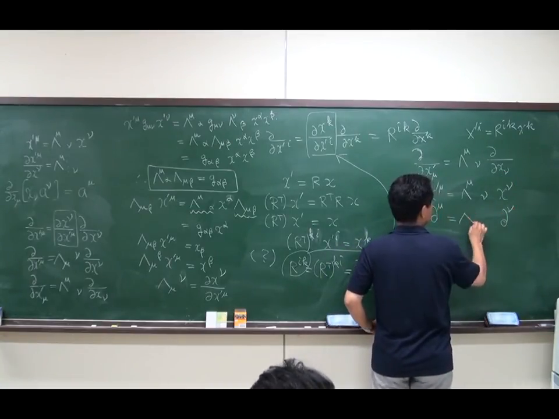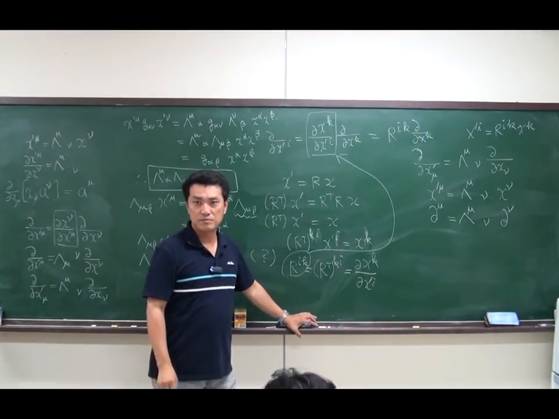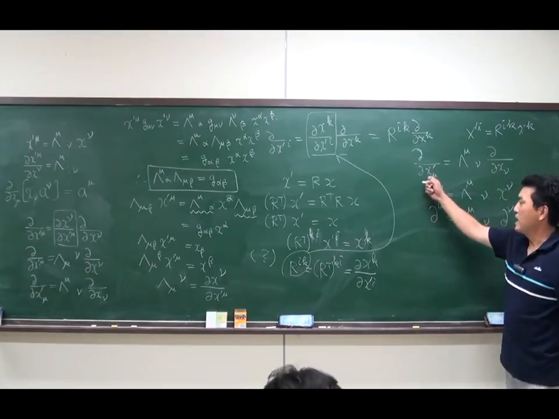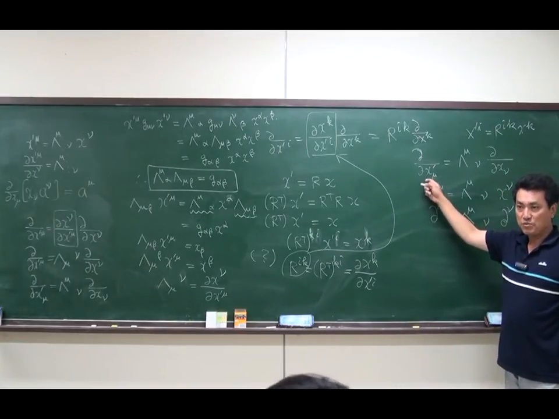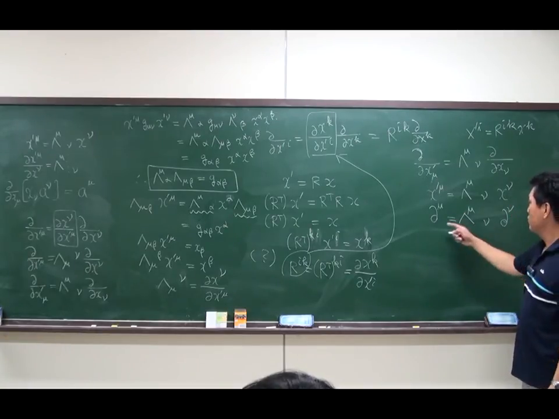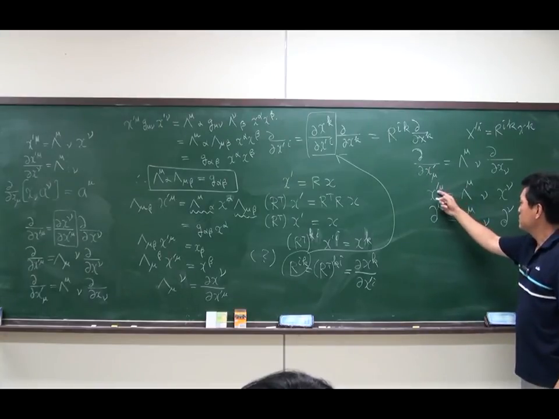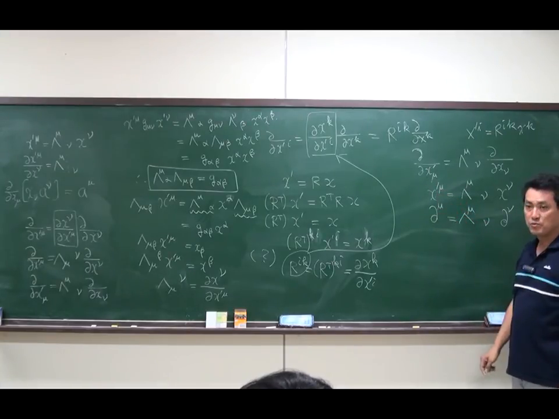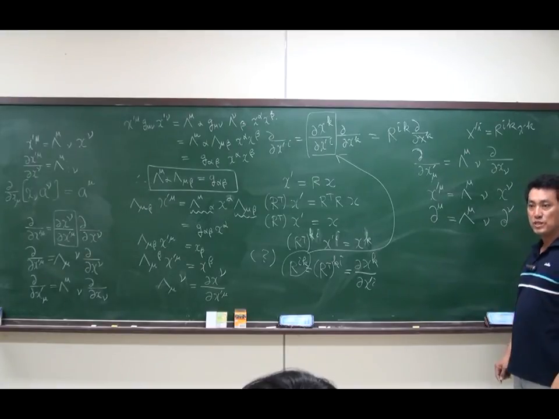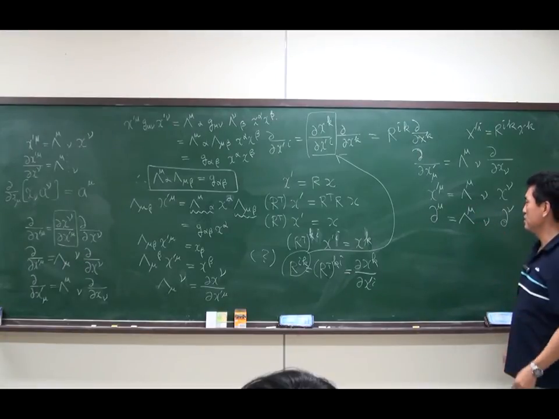This guy behaves not like a covariant one, but like a contravariant one. So this is contravariant. This guy transforms in the same way. But this is the big difference between this Minkowski space and Euclidean space.